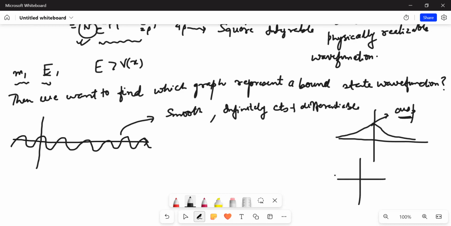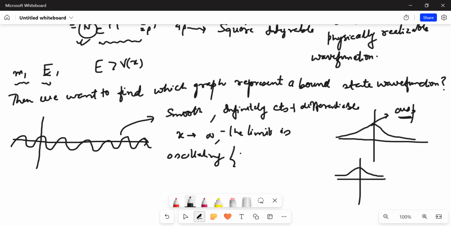However, if you have smooth edges, like this resembles a graph of cosine. I have not drawn it to a perfect scale, but understand that this is a smooth graph, infinitely continuous as well as differentiable. But the point is that as x tends to infinity, the limit is not unique. In fact, the limit is oscillating.